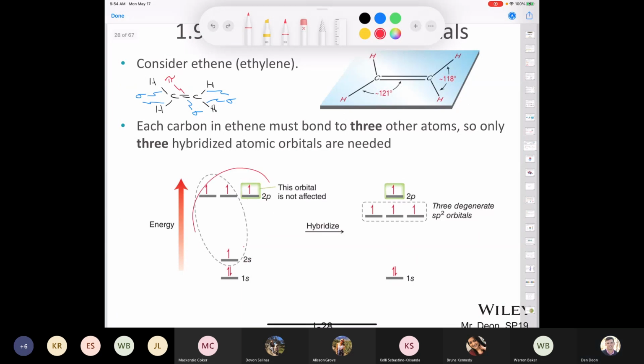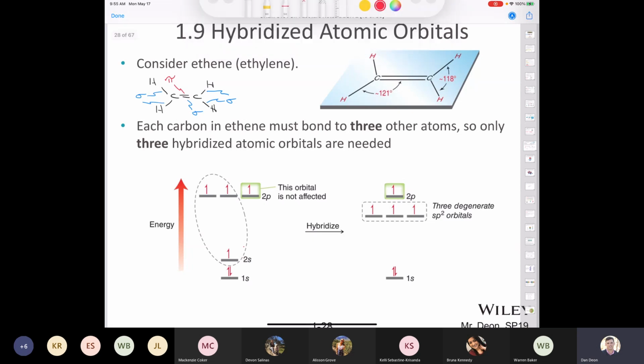We have 4 unpaired electrons, but we only need to form 3 sigma bonds. So we're going to mix 3 of them together to make 3 degenerate sp2 orbitals. And then we're going to leave one of them left over in the 2p orbital, like that. Let me show you what that would look like on my blank page here.